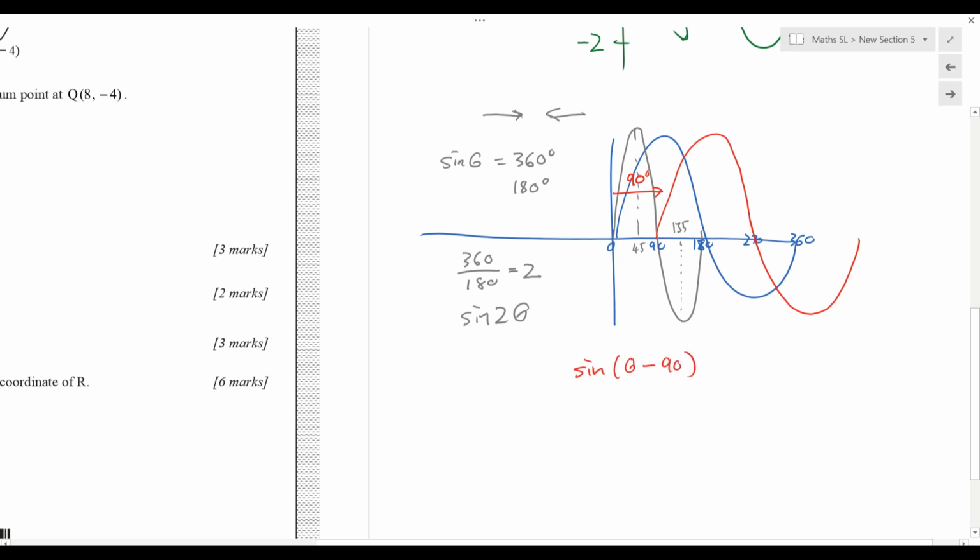The reason being, if we shift to the right, it's minus. If we shift to the left, it's positive. It's kind of weird to think that way, but you need to start thinking that way for these graphs. Alright, so we have the basics done.